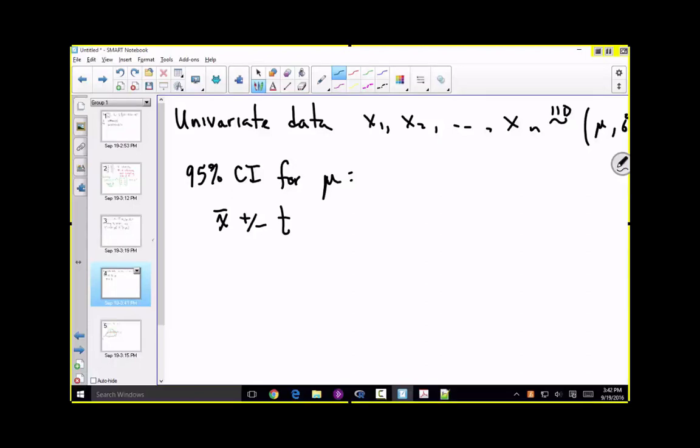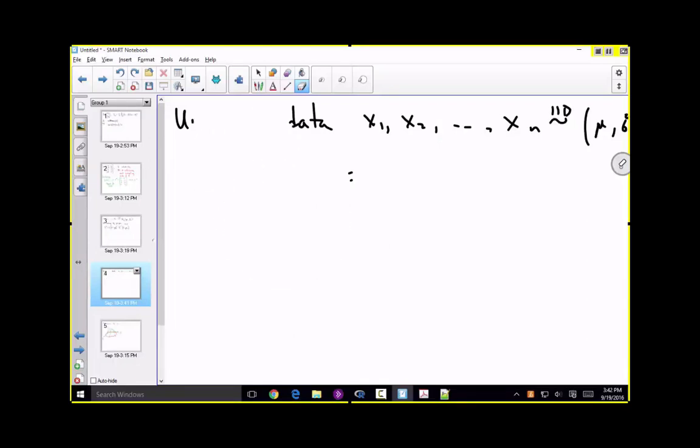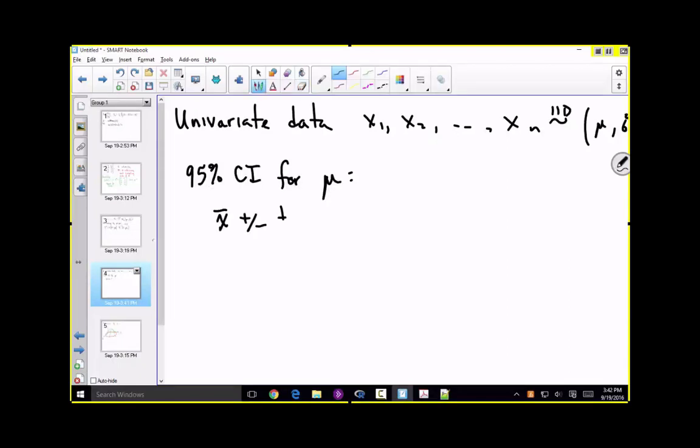This is often written as: from the t distribution with n minus 1 degrees of freedom, give me the percentile that puts alpha to the right. Or actually we would do alpha over 2 to the right. So t n minus 1, alpha over 2, times s over the square root of n.